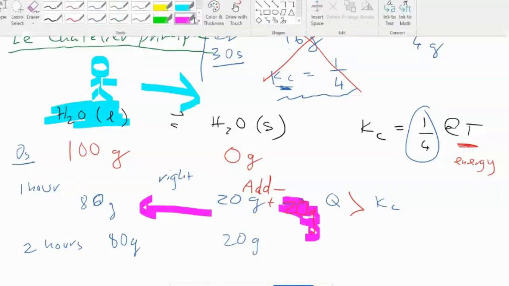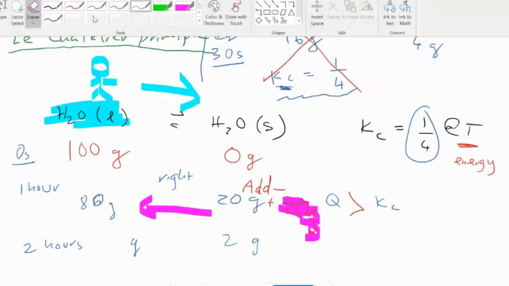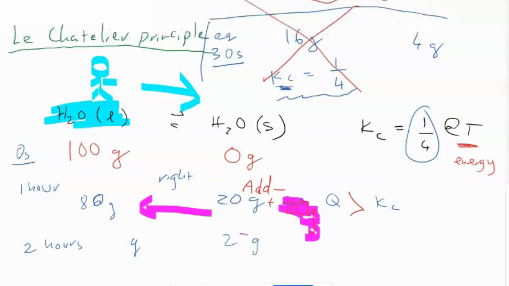And at the end of it, I'm going to have maybe 25 grams of ice and 100 grams of water. At 2 hours, I'm going to reach the equilibrium again.